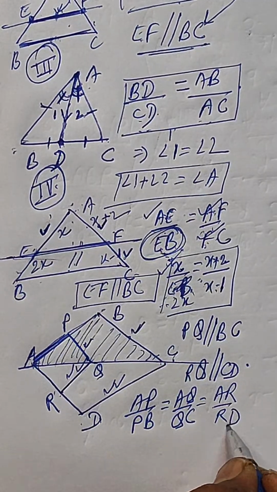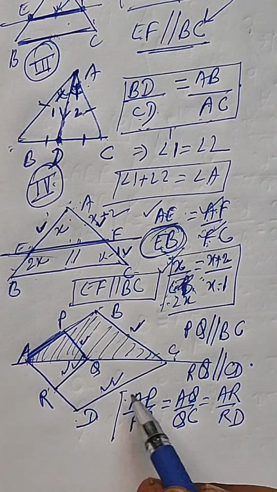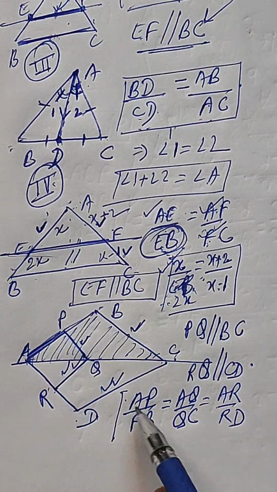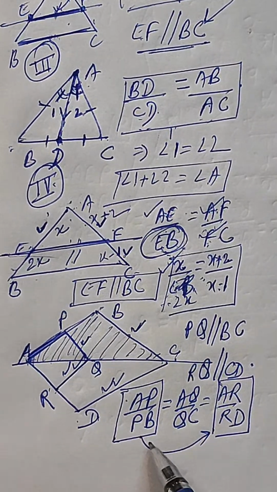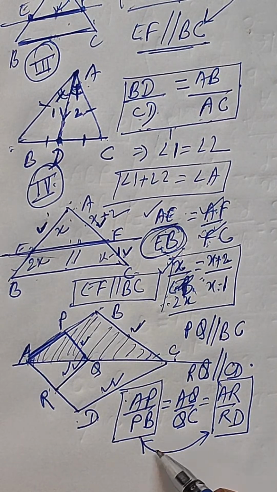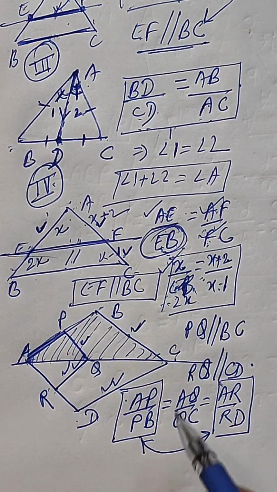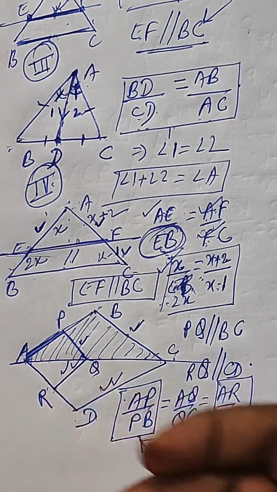So it can be given that you need to prove AP by PB is equal to AR by RD. Such types of questions can come for 2 marks, where you can simply look at the triangles which are lying there.